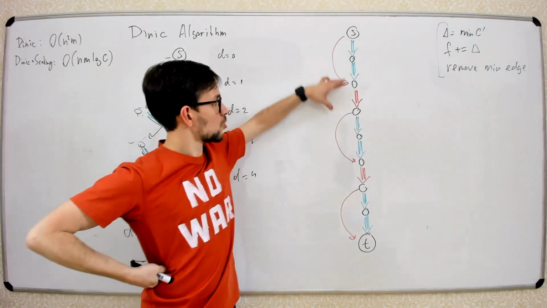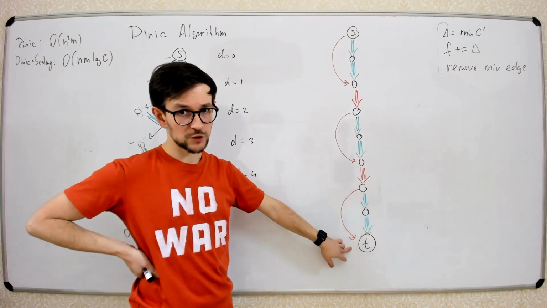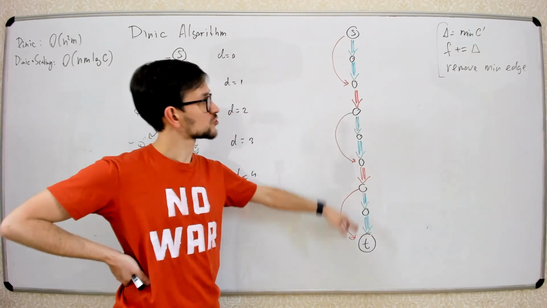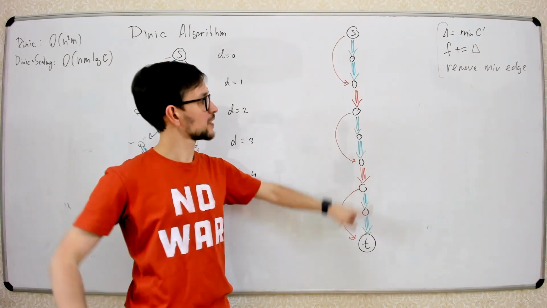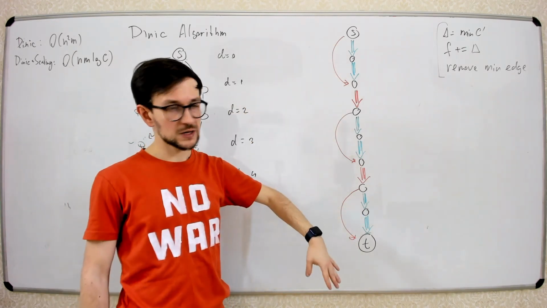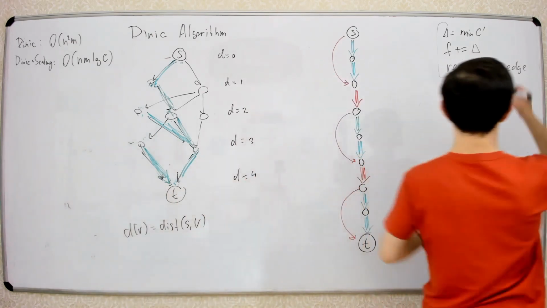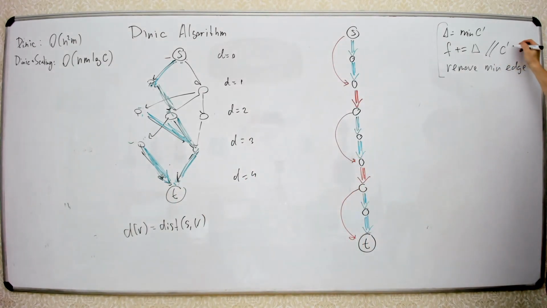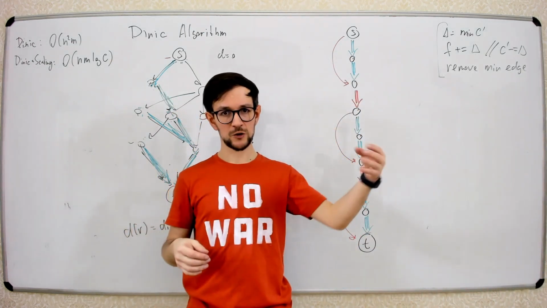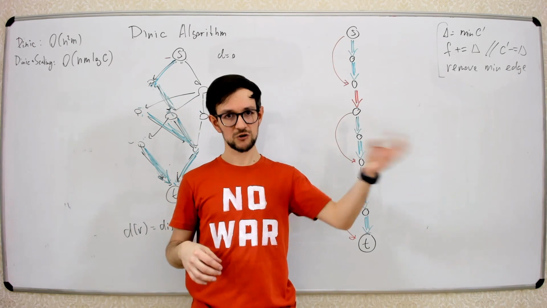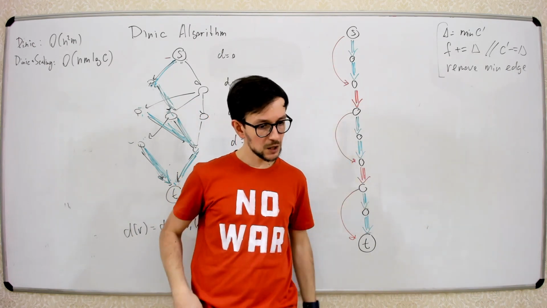So you do all these steps, then you find the shortest path, and then you just remove the minimum. Again, when you increase the flow, it is the same as decreasing the residual capacity. The residual capacity is just C minus F, so when you increase F, you decrease C prime, right?